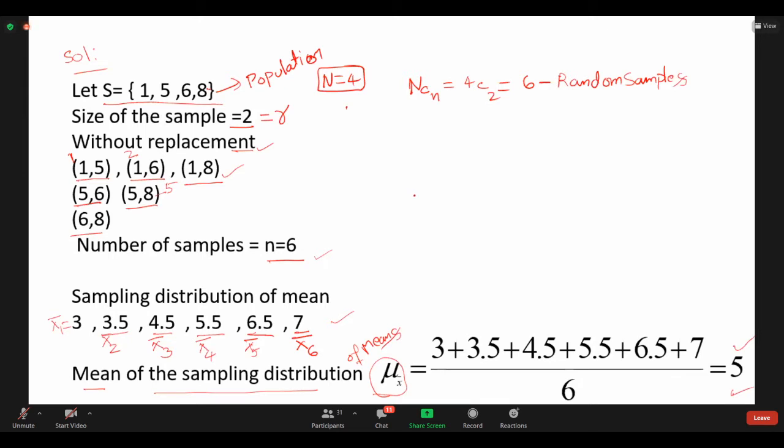See here, for small samples, the variance formula is, variance of x bar, that is summation i equals 1 to n, xi minus x bar whole square by n minus 1. This is the formula for finding variance for small samples.